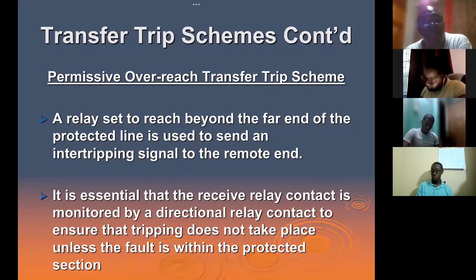So the signal send that we had for the permissive underreach was done by the zone 1 instantaneous contact. The zone 2 is what is used for the permissive overreach.